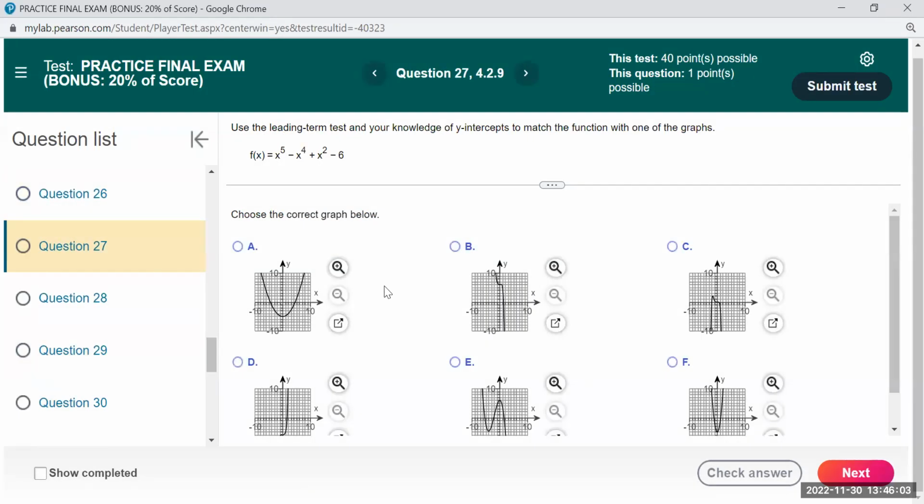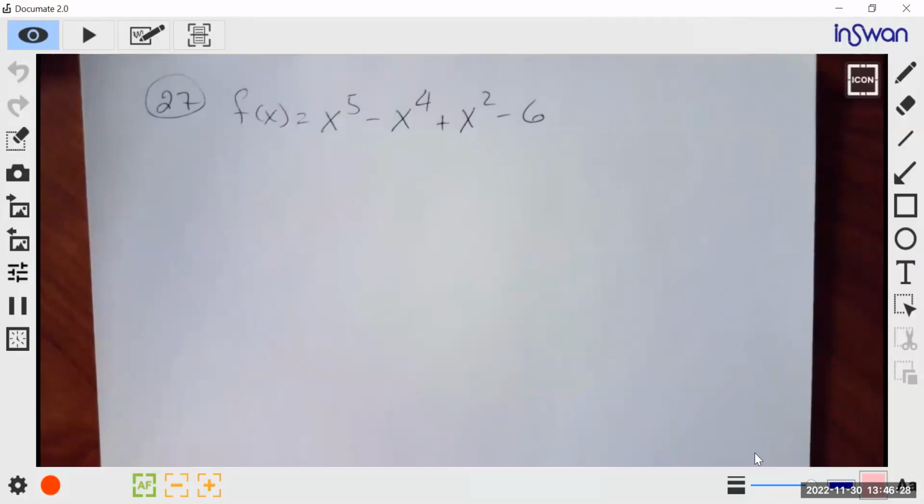Use the leading term test to try to figure out which graph. So what do we know about this graph? What's it going to look like?